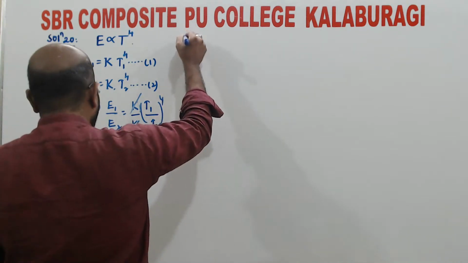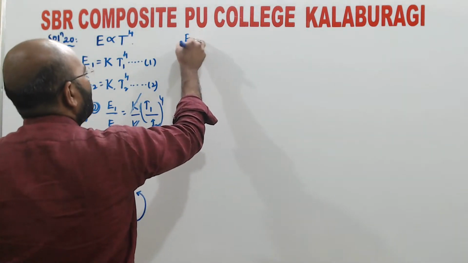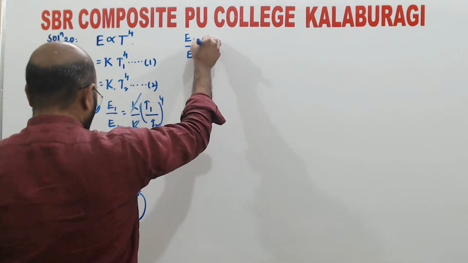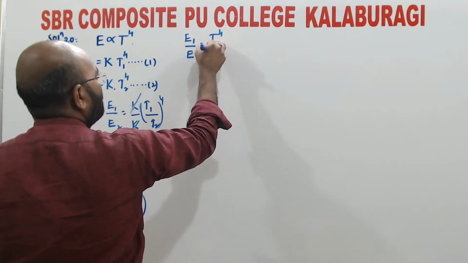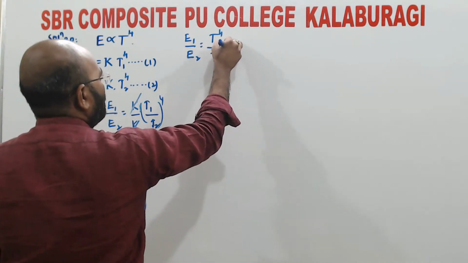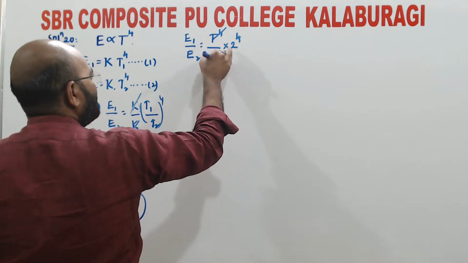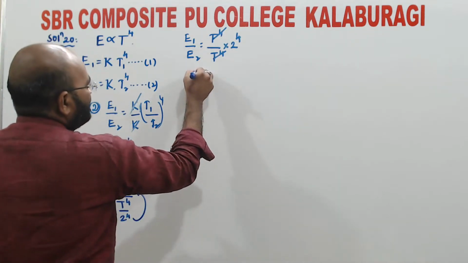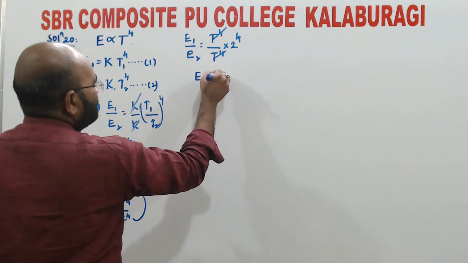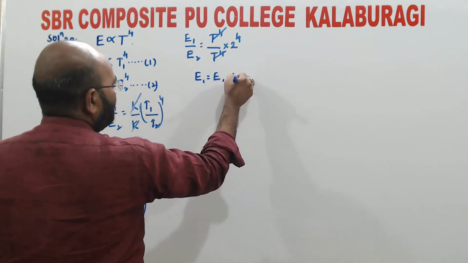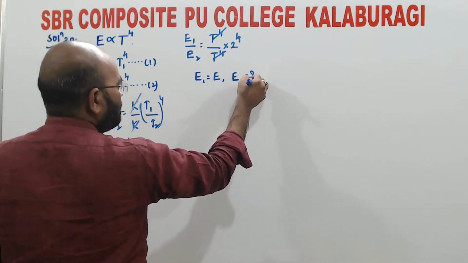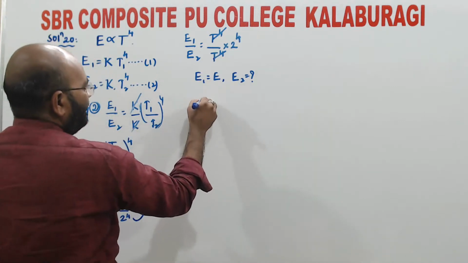Therefore, E1 by E2 is equal to T to the power 4 by T to the power 4 into 2 to the power 4, and T to the power 4 will be cancelled. So E1 is equal to E, and we have to find E2 is equal to question mark. Make a cross multiply.